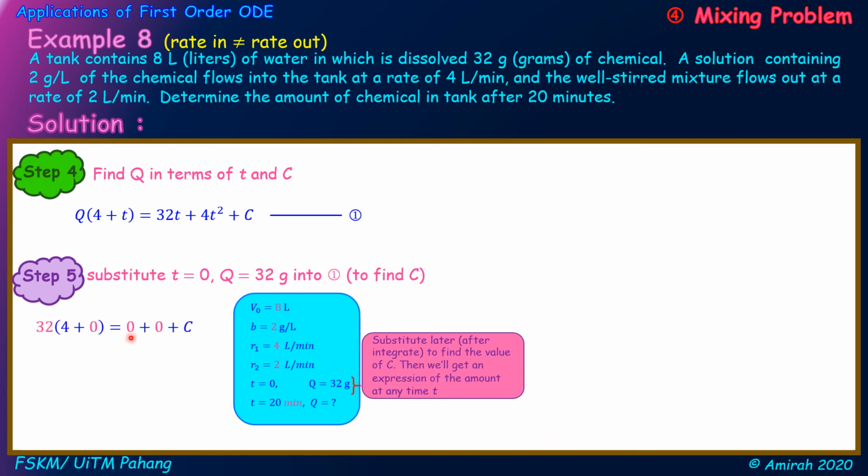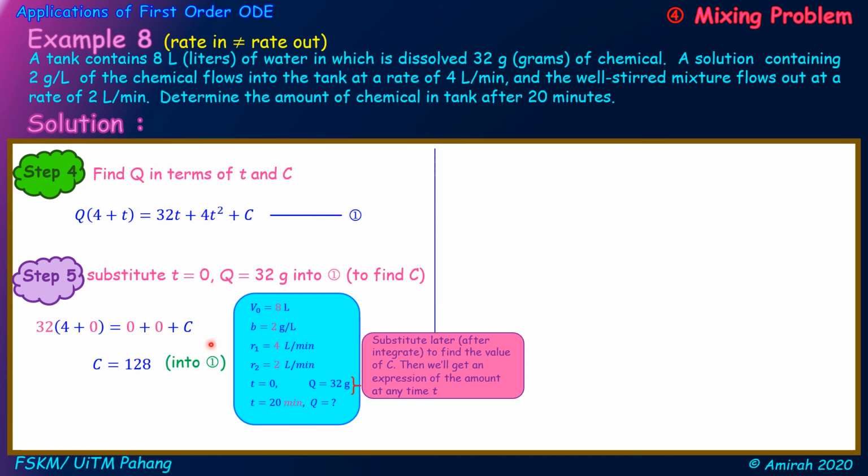From equation 1 here, we substitute Q equals 32 and t equals 0. So 0 times any value equals 0, that's why we get this, and then plus c. After simplifying, we get c equals 128. Then we substitute the value of c into equation 1.